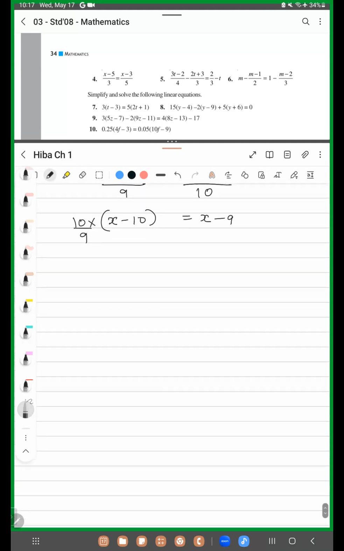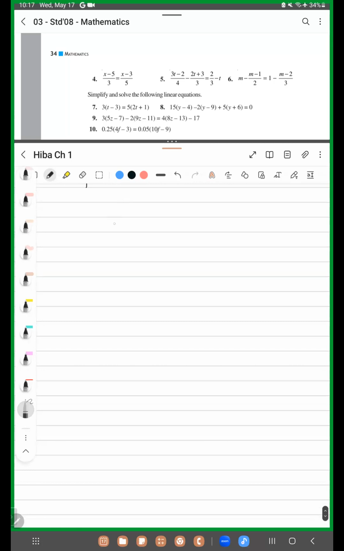अच्छा, हिबा एक बात मुझे बताइए, if I do 5 into 4 into 5 by 2, or if I do 4 by 2 into 5, is it the same thing or different? Same.